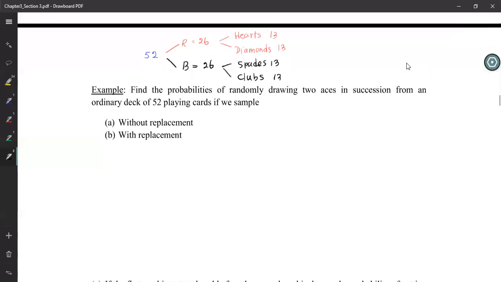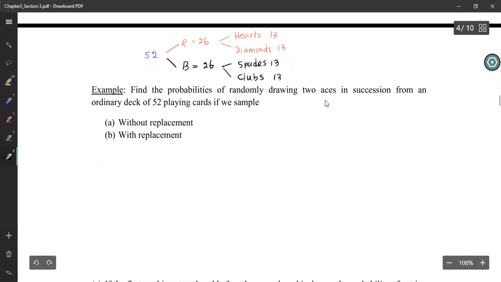Altogether 52 cards. Now in this example, we don't care about the suits, it's about the color only. Find the probability of randomly drawing 2 aces in succession from an ordinary deck of 52 playing cards, if we sample without replacement and with replacement. So what are you looking at?